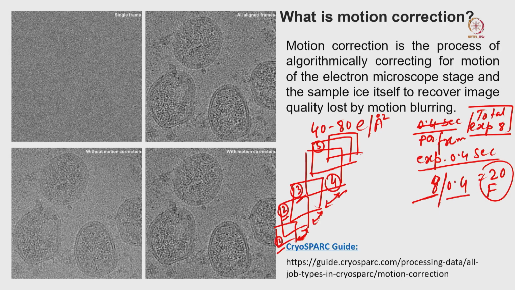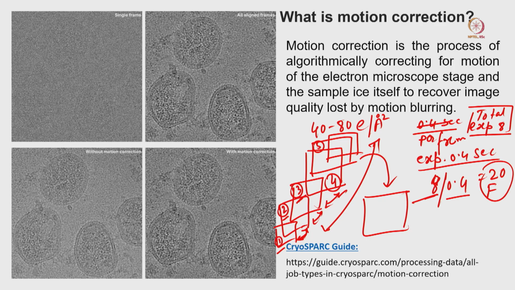You can correct those drifts and align them together, and after alignment you get one integrated image that gives you good contrast and a good signal to noise ratio. That is called motion correction.